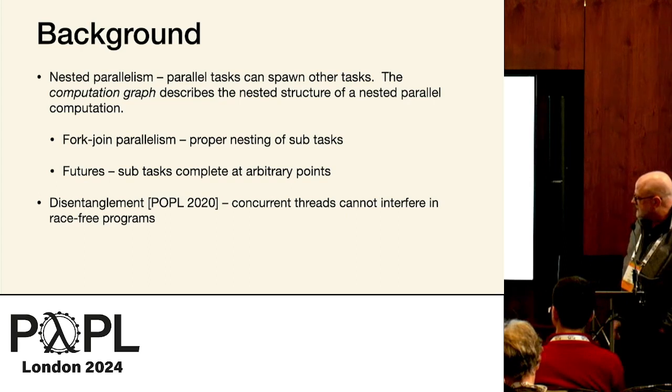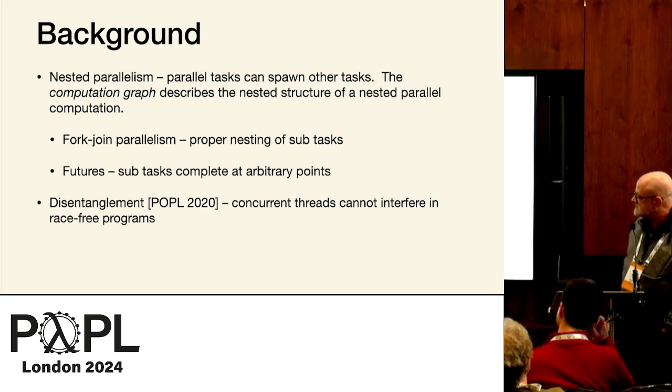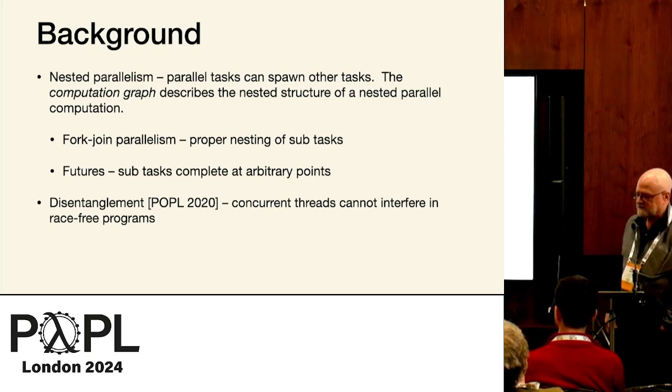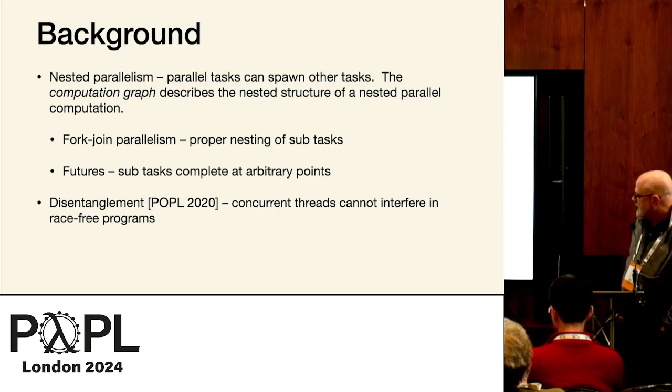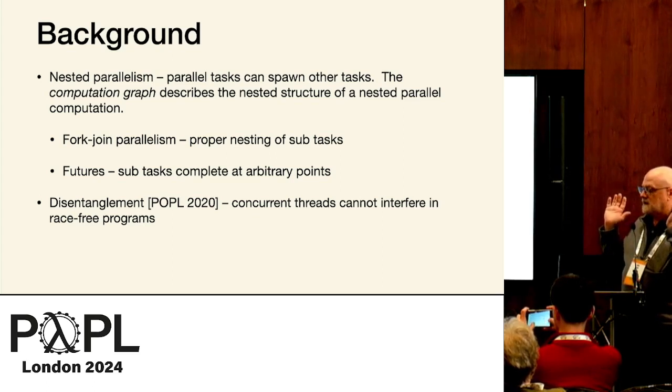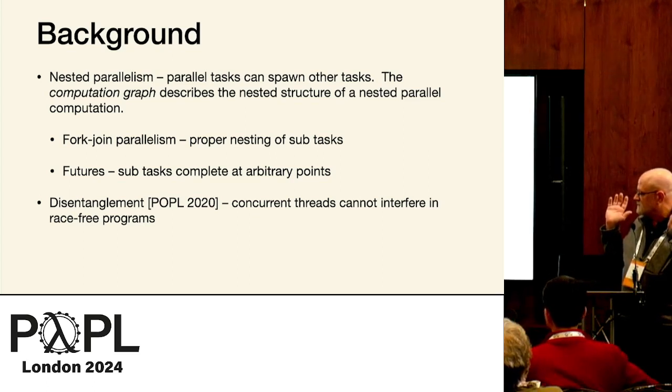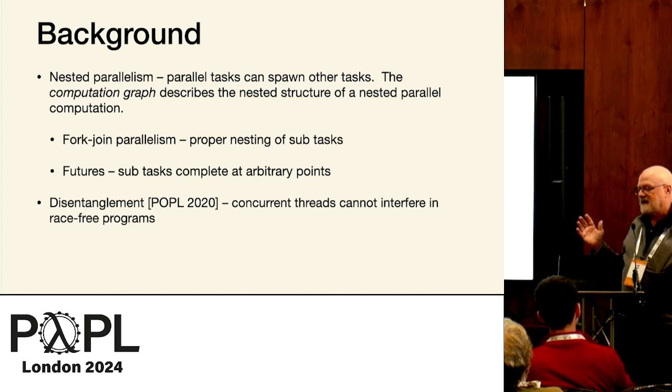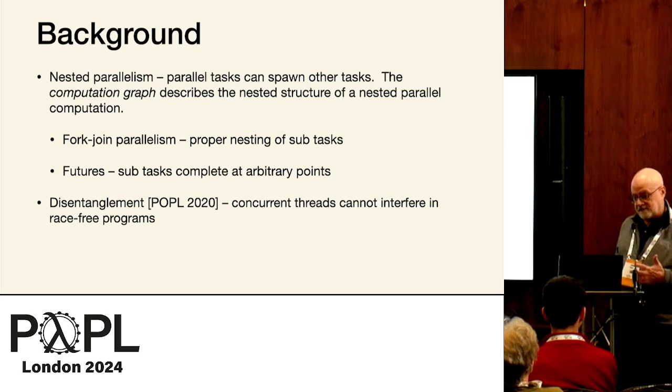Another key idea, which is a very recent idea, is this notion of what's called disentanglement. So this goes back to a POPL paper from just a couple of years ago. And the basic idea of this is that if you have race-free programs and you have this disentanglement property, then there's not going to be any interference between them.